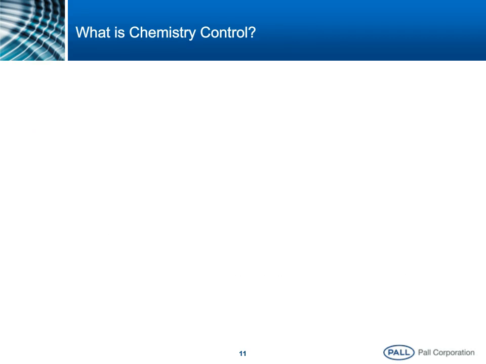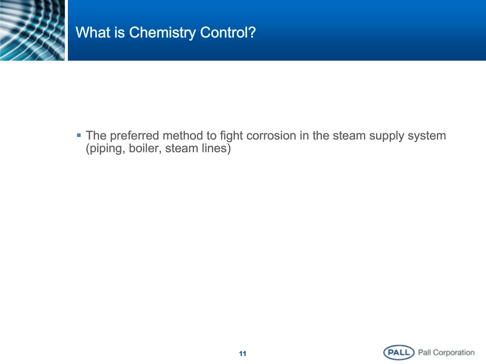So in short, chemistry control is the method that we'll use to fight corrosion in the steam supply system. All the components in it, the piping, the boilers, steam lines, turbine blades, etc., really are influenced by how well we control the chemistry of feed water.